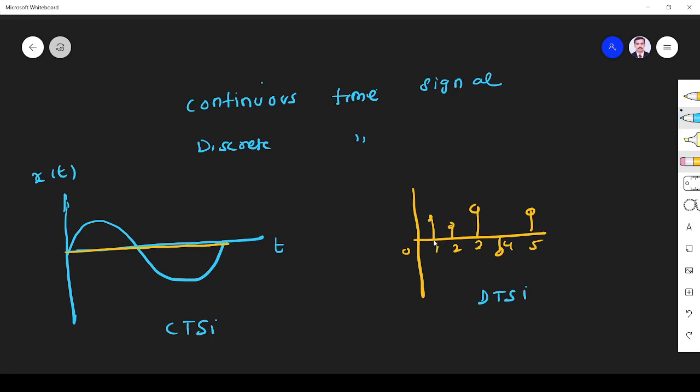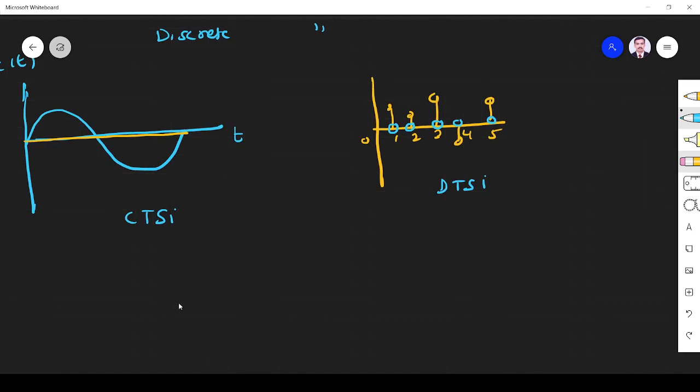The signal has a value only at these points, only 5 points, so this is called a discrete time signal. The naturally available signal, whatever I'm talking now and whatever you hear, is a continuous time signal. Whatever we see is continuous in time.